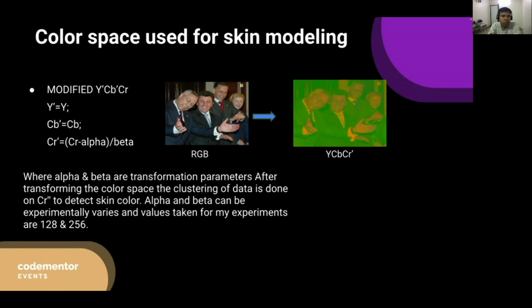But in our approach, we denote Y as Y dash and Cb as Cb dash, although they are the same, because we are modifying the third channel, Cr dash. So Cr dash is Cr minus alpha by beta. In this way, we modified the RGB space to the YCbCr dash.